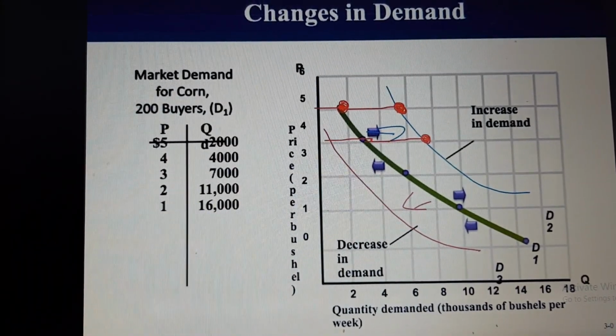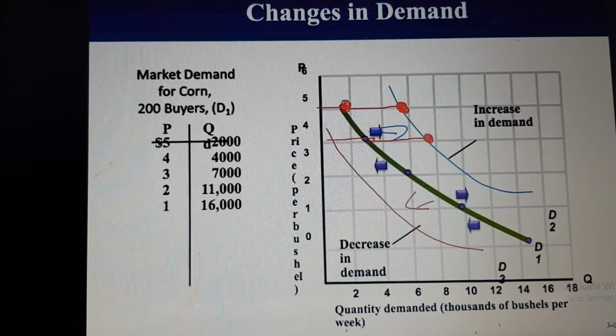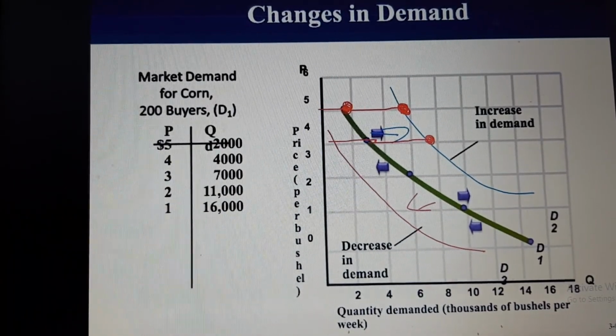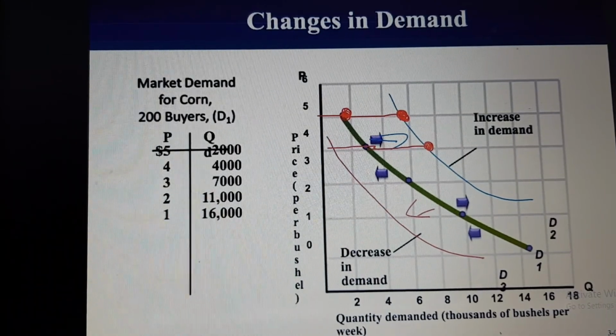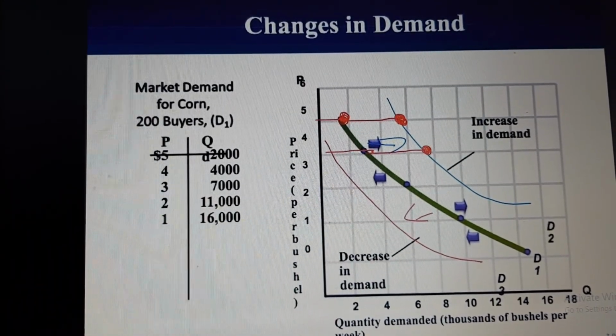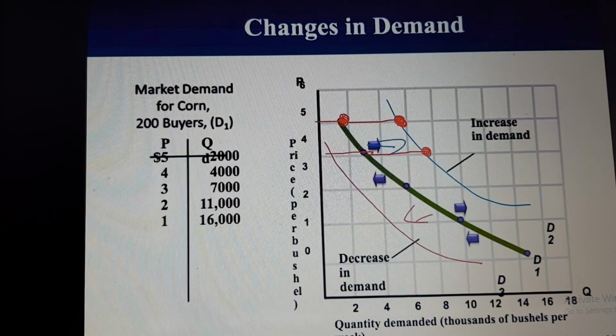If there's an increase in demand, then quantity demanded increases at every price, and if there's a decrease in demand, shifts to the left, then quantity demanded decreases at every price.